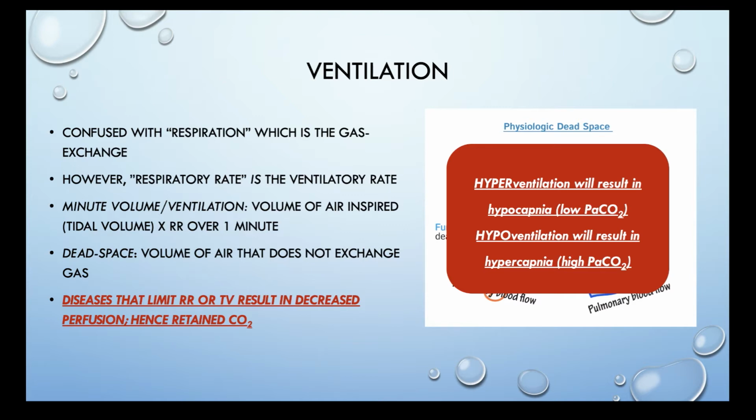Hyperventilation, breathing super fast and blowing off that CO2, ends up with low CO2 in our arterial system. Having a low CO2 in our arterial system is called hypocapnia. The PaCO2 stands for the pressure of CO2 in the arterial system, it's measured in millimeters of mercury, and it should be 35 to 45, just as an FYI.